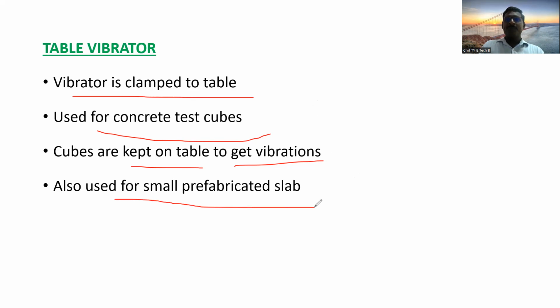Nowadays we see precast members used in the civil engineering field and in construction. Some boundary RCC columns, some panels, some doors for toilet blocks, and some frames are made. These are of smaller size, instead of long columns or big slabs. These small precast members are prepared in the fabrication factory, and for their compaction we also use the table vibrator.